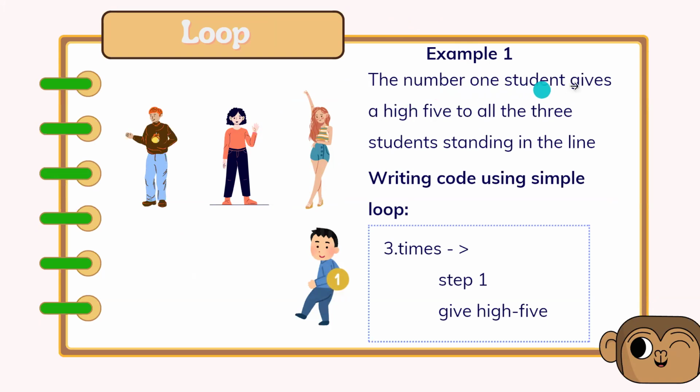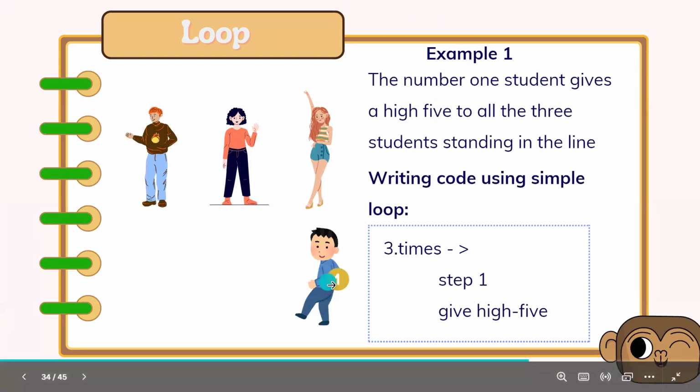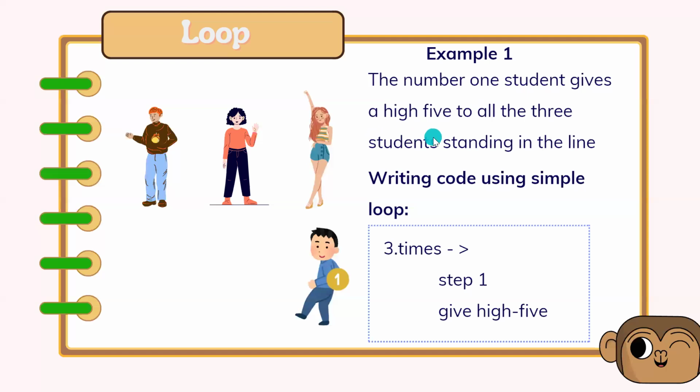The number one student, Jaimu, gives a high five to all three students standing in the line. In the image, all three students are standing in the line, and you will notice they have the same spaces.